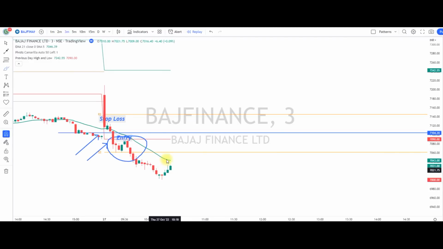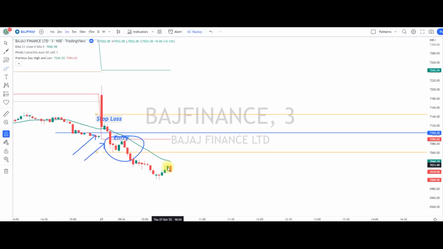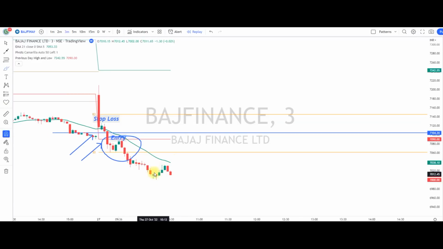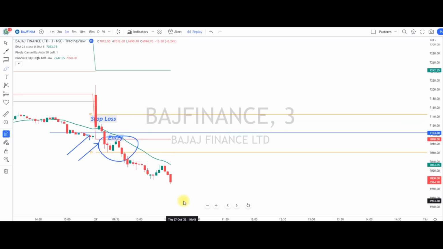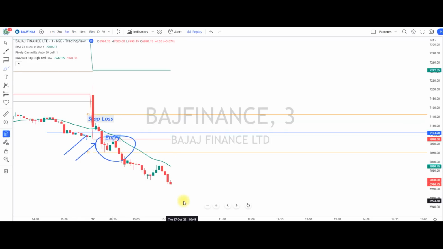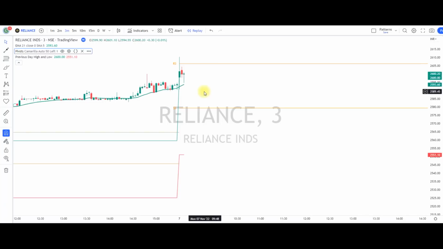And I told you, if the 21 days moving average is very far, price will attract the moving average. So you can see the price is going up, that is a retracement, and after that it started falling. Now here the setup is confirmed for us to enter into the long trade above this green candle.